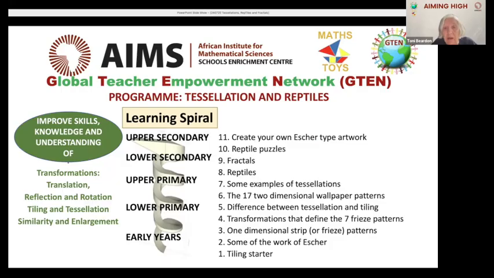And then each topic is getting a little bit more challenging, suitable for lower primary, upper primary, and lower secondary.